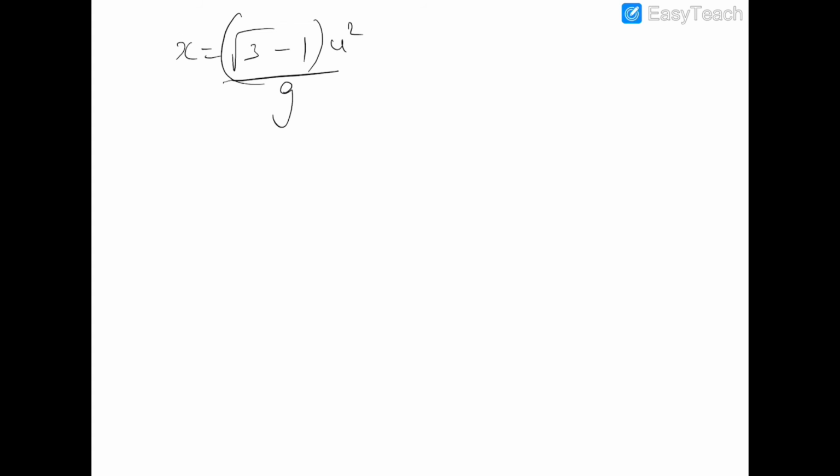Now this x is same for both of the shell, but the time in which they will reach at this point is different. So let us suppose that the firing difference, the difference of the time in which they are fired, would be the difference of the time at which they would reach at that point. So let us suppose that the first shell reaches that point. So the time of the first shell would be x upon ux, which is u cos 60.